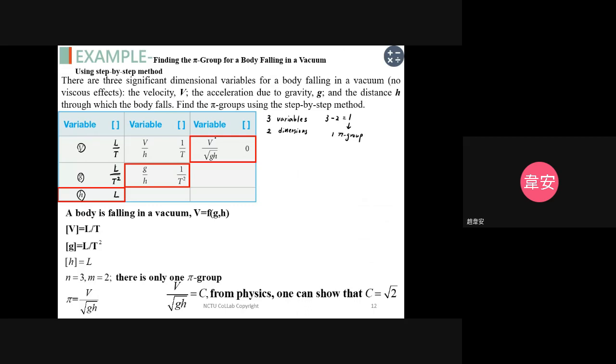Finally, we have V divided by the root of gh, and there are no dimensions involved in these physical properties, so we call it a dimensionless parameter.